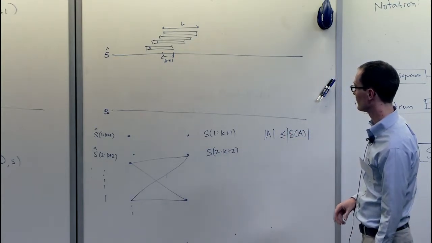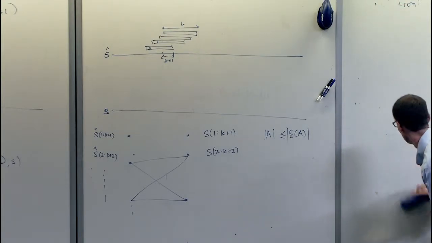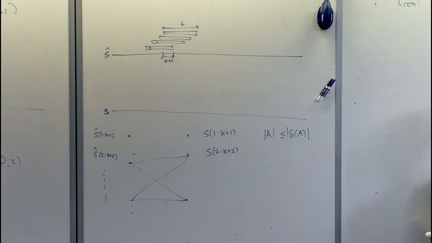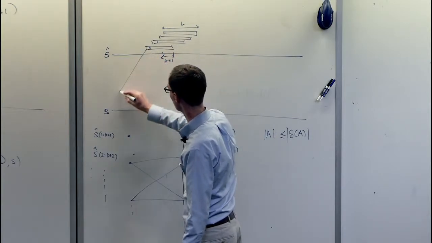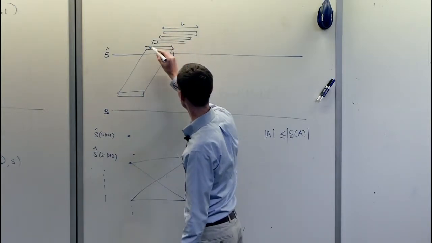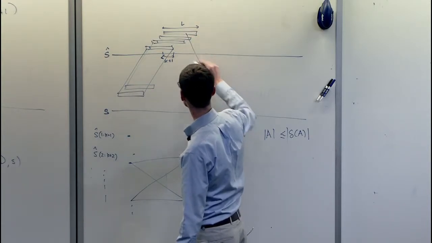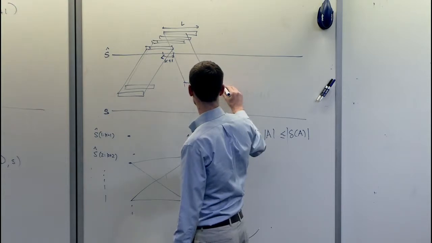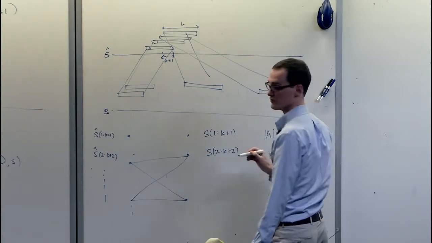And the basic idea behind this, you can probably see how it goes. We just follow our nose and use the properties that we have here, and say, let's look at where all these reads go. Let's say this read originally came from here in S, and maybe this read also came from here in S, and this read maybe came from here, and this read came from over here.